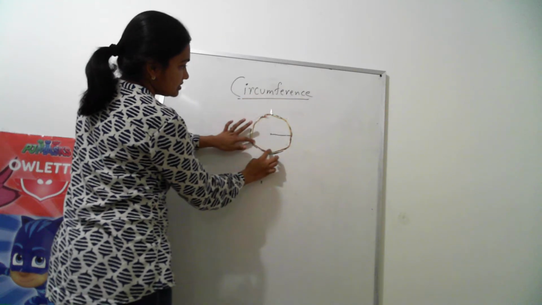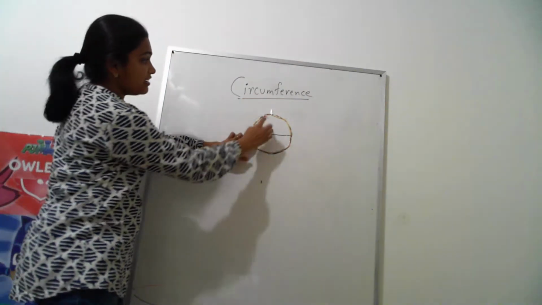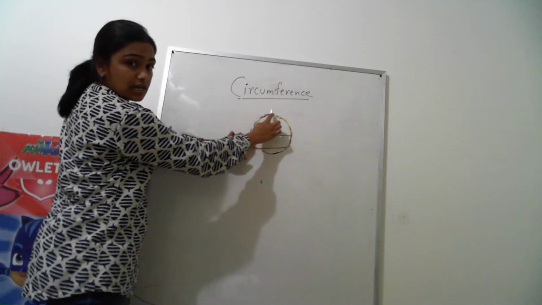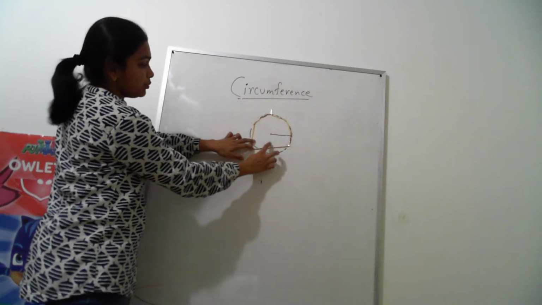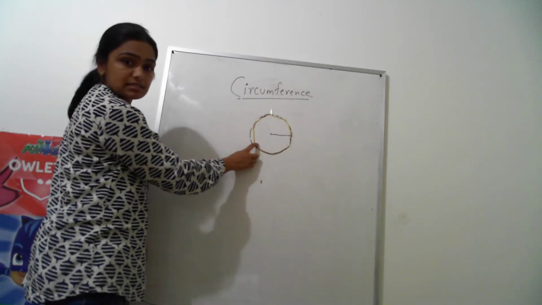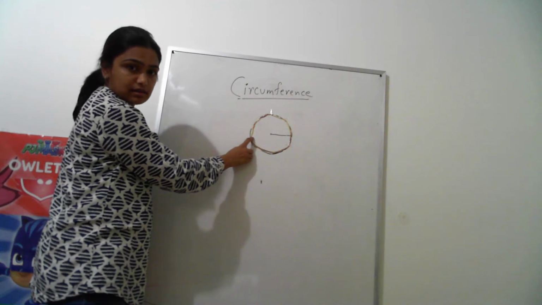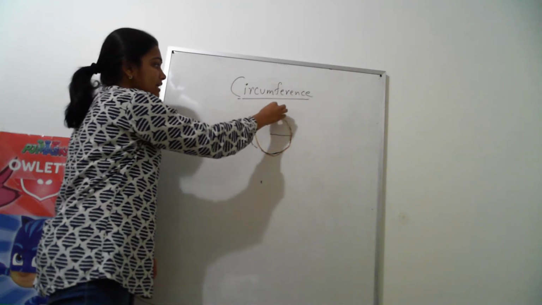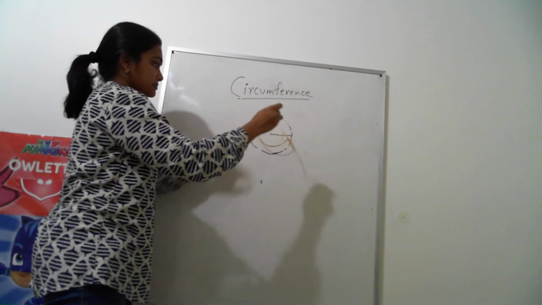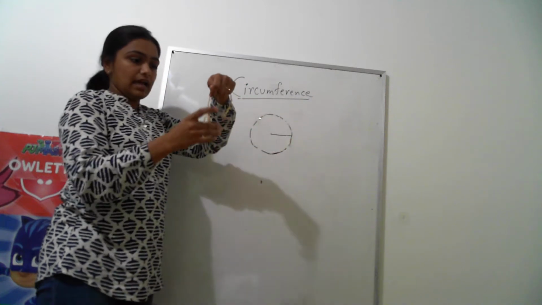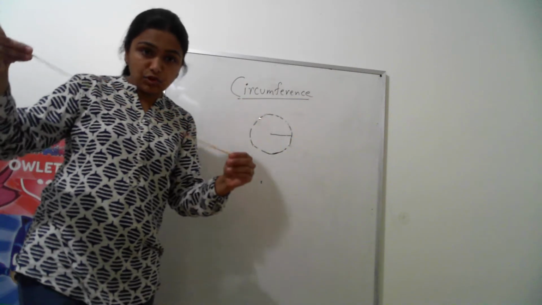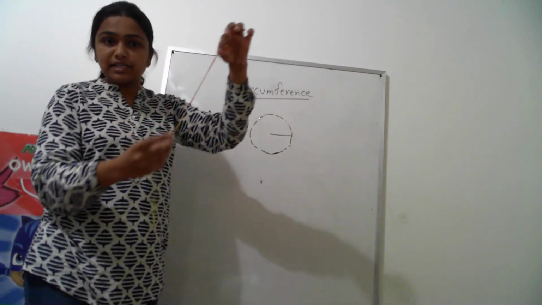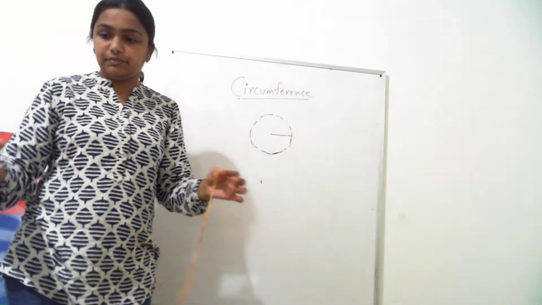See what I have done? I have put this string exactly from the start point to the end point on our circle. So now if I take this out and measure the length of this, it will give me the circumference of the circle.